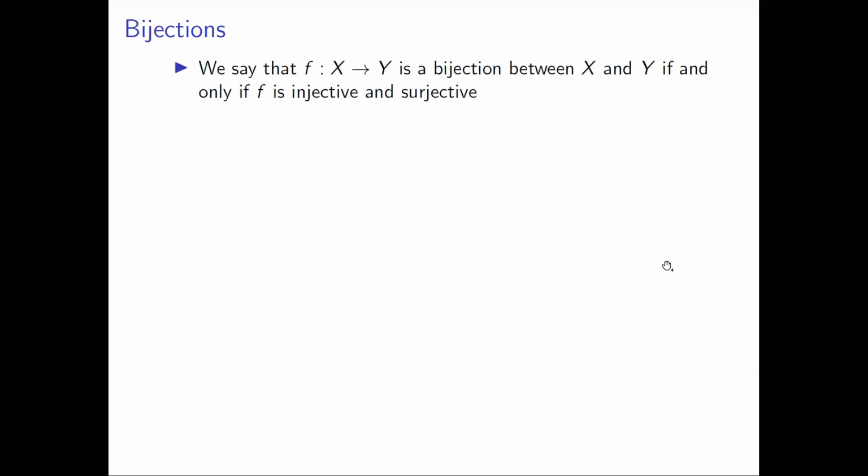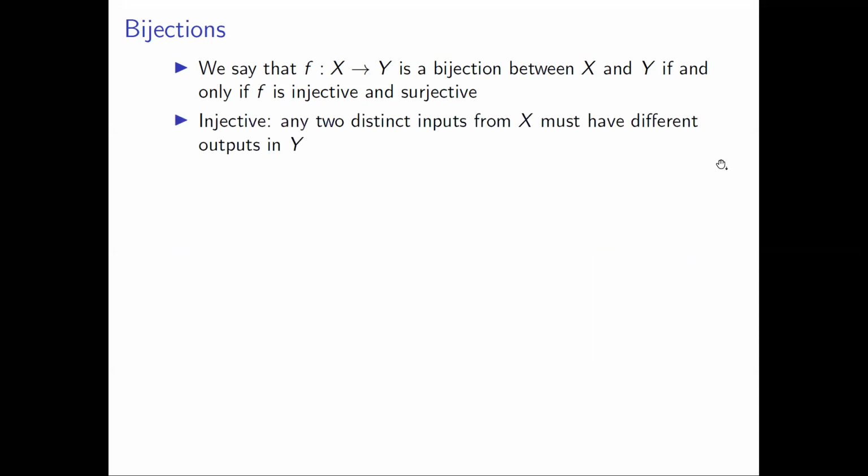So just to review, we say that the function f from x to y is a bijection between x and y if and only if f is both injective and surjective. And just to review what injective means, and I'll draw a picture for this too. What it means for f to be injective is that any two distinct inputs from x must have different outputs in y.